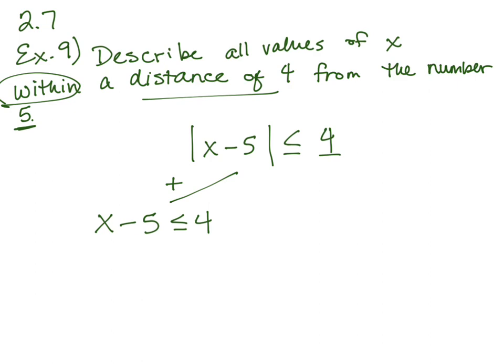So what happens there? Add 5 to both sides. X must be less than or equal to 9. No surprise there. We thought it was going to be 9. And what else? How might I evaluate this other side? The negative side.